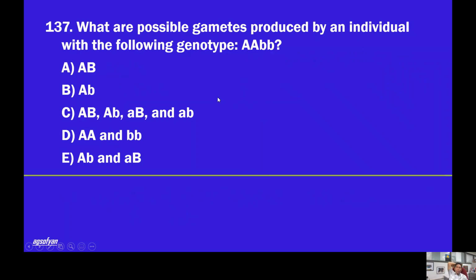Number 137. What possible gamete is produced by an individual with the following genotype? Both A capital letter and B lowercase. Look at the choices and choose your answer.